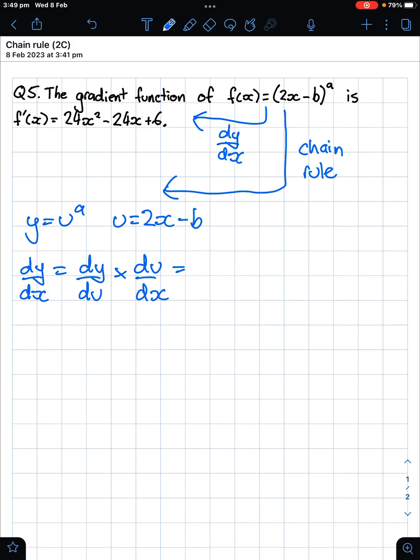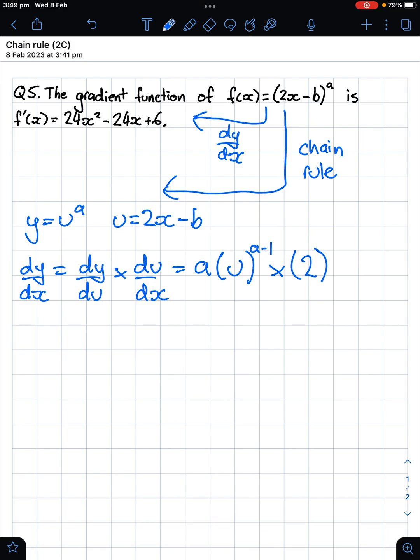Now, dy du is the derivative of y with respect to u, so we're going to bring the a out the front, u, and then this has to be a minus 1 up here because that's our rule with derivatives. It always drops by 1. And then we're going to multiply this by du dx, which is the derivative of this with respect to x. The derivative of 2x is 2, and the derivative of negative b is 0, so just 2 there.